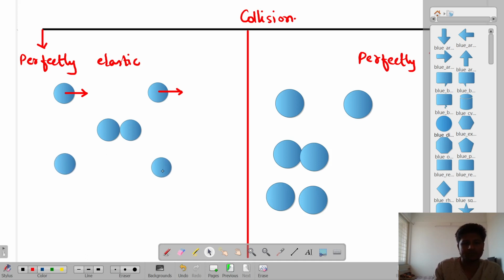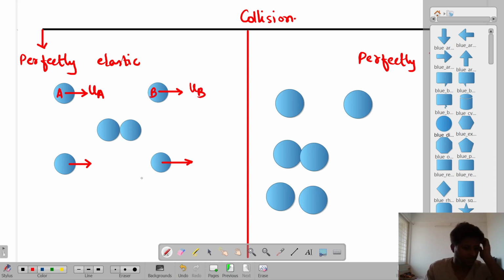What are you going to observe then? Tell me. Let's suppose the bodies were having initial velocities u of A and u of B. They got collided, and as we know that if they are getting collided, the normal will be present.